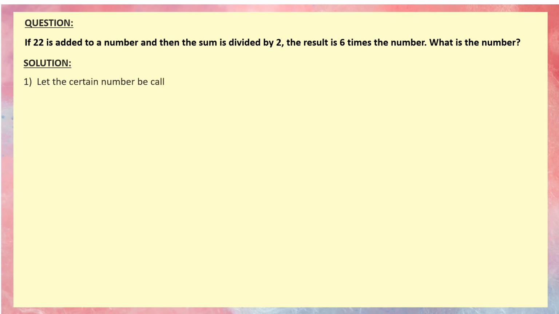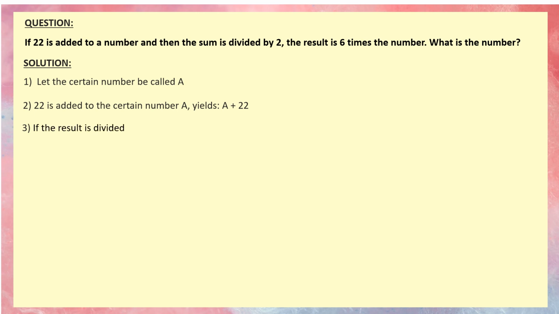We don't know what the number is, so we'll assign it a variable, and this time we'll say A. And 22 is added to the number, so we're saying 22 plus A, or A plus 22. And then this is divided by 2.